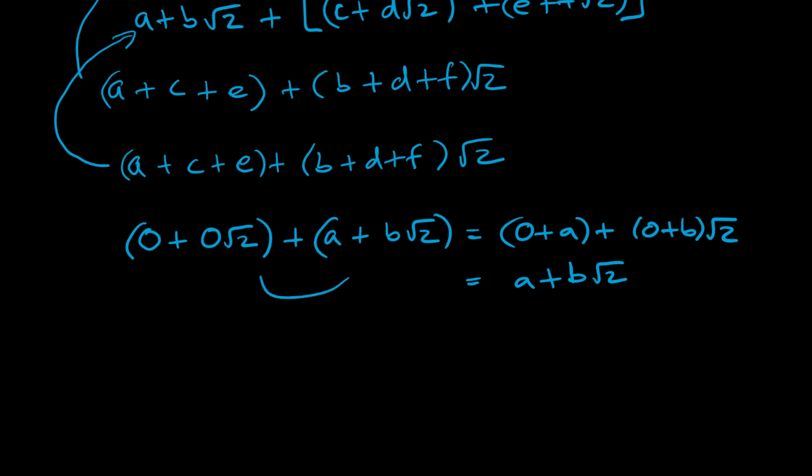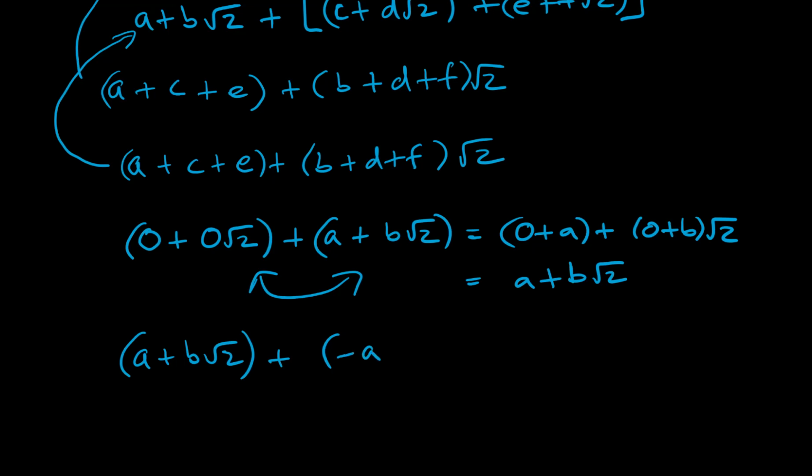If we reverse the order of addition, it will be the same thing. And what about inverse? For a plus b root 2, we're looking for two elements that will make a and b 0 when they get added.